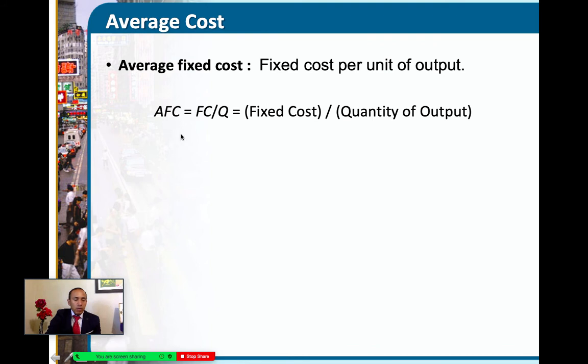If you recall the equation here, the total cost is fixed cost plus variable cost. And if we do average costs, then we have to do average cost for everything. That's why we have average fixed costs here. Average fixed cost is referred to as the AFC. Average fixed cost is equivalent to fixed cost divided by quantity. If you want to know your fixed cost over the quantity, this is referred to as a spreading effect: your cost can spread over large quantities of output.